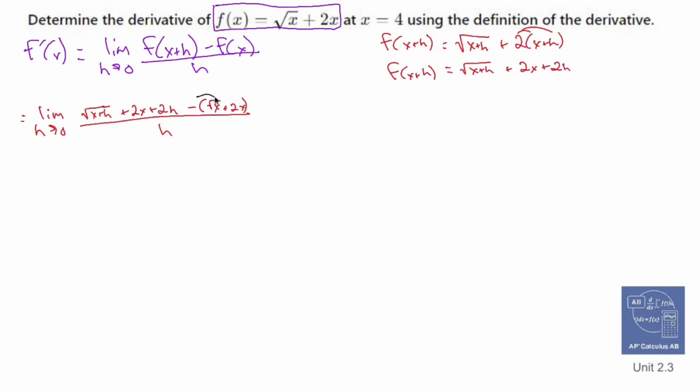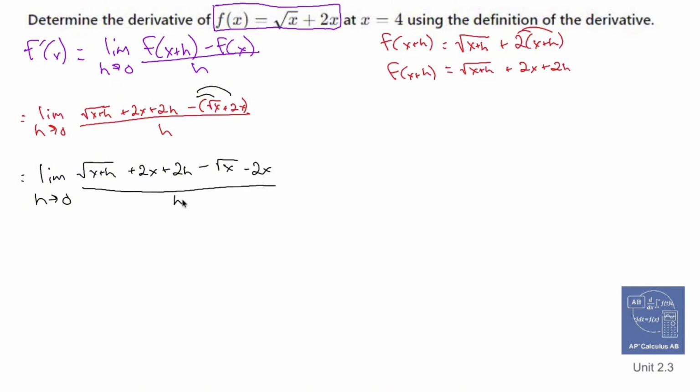So we need to see if we can work some magic. First off, we can distribute that negative right there. And we get the limit as h approaches 0 of, nothing changes yet, root x plus h plus 2x plus 2h, but then we can do minus root x minus 2x, and that's going to all be over h.